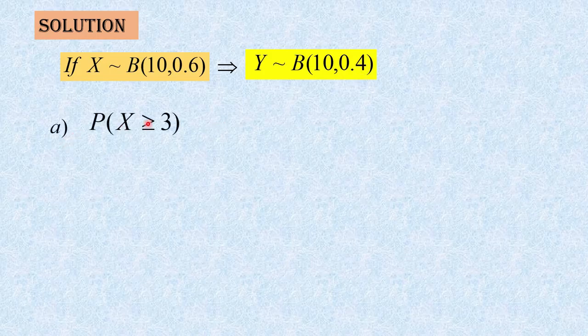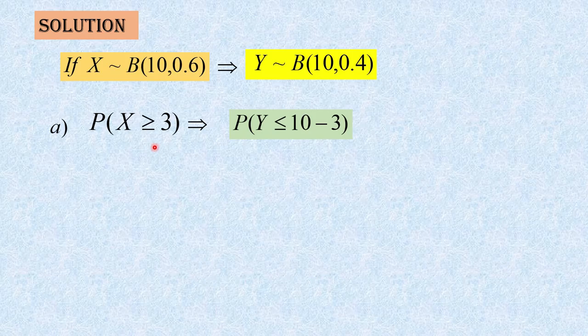So A, find the probability X more than or equal 3. We change to probability Y, X more than or equal 3 is equivalent to Y less than or equal to 10 minus 3, that is 7.